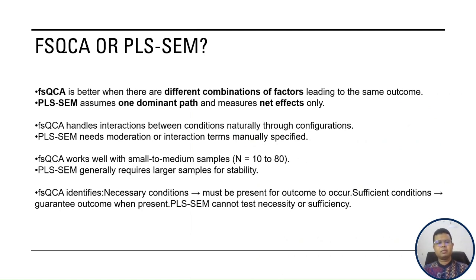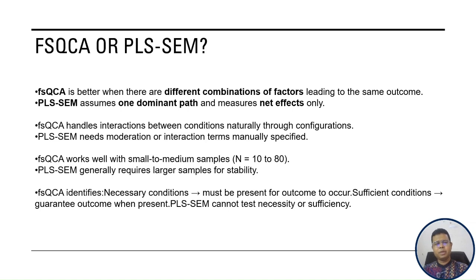fsQCA and PLS SEM. fsQCA is better when there are different combinations of factors leading to the same outcome. It means we will have one problem or outcome variable, and maybe we'll have different combinations of solutions with some factors.